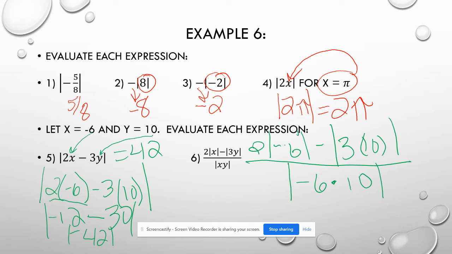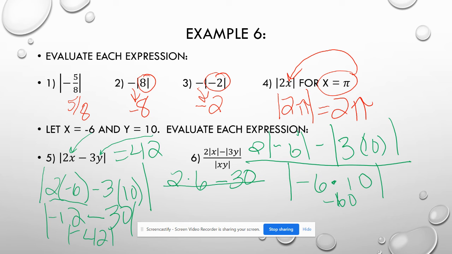On the top, we start with the absolute values. You have to do the math inside first, remember. So 2 times 6 for the absolute value of -6, minus 3 times 10 is 30. The absolute value of 30 is 30. Over -6 times 10 is -60.